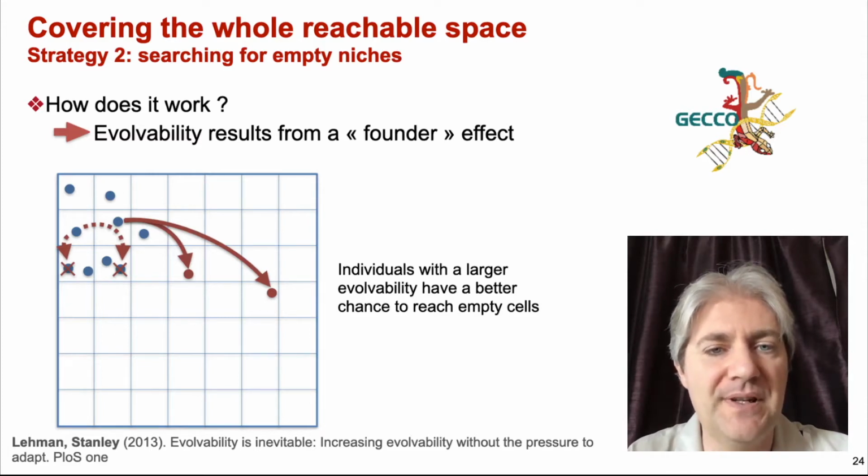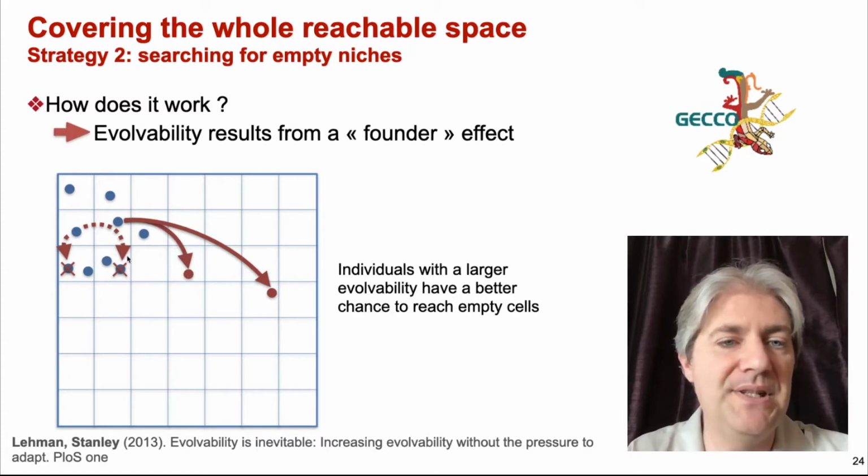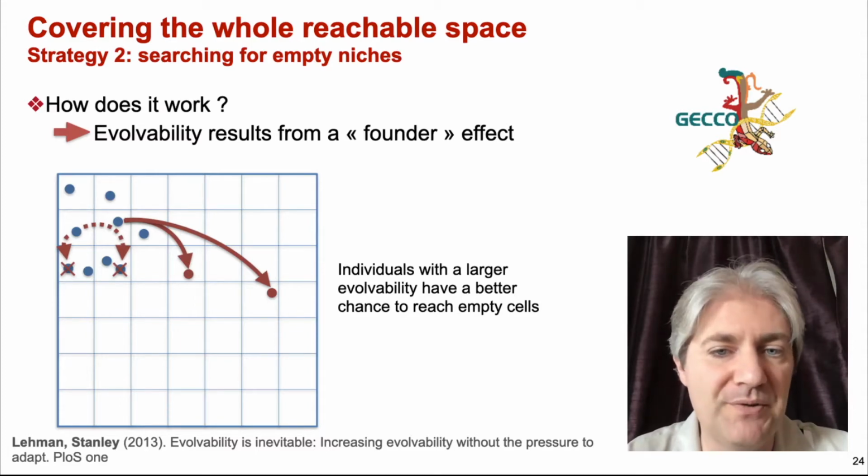And these solutions are very likely to have no competitors, so they have more chance to spread and to survive, and thus to spread their genes further. Whereas solutions with a lower evolvability will stay around and be in competition with their parents and their relatives. So it creates a basic pressure towards generating solutions with high evolvability without any explicit pressure towards it. That's a very interesting effect.